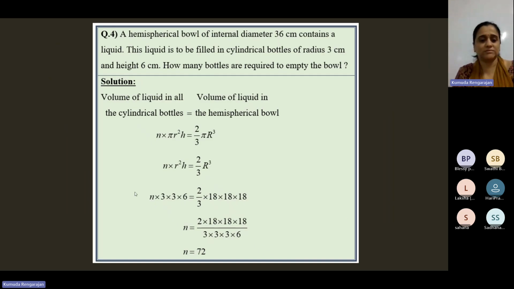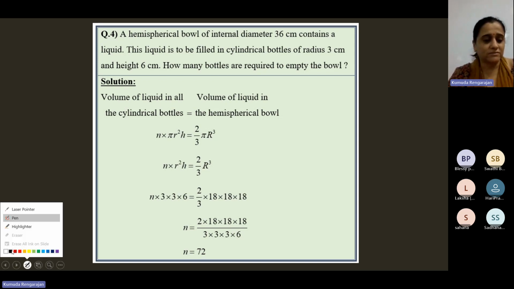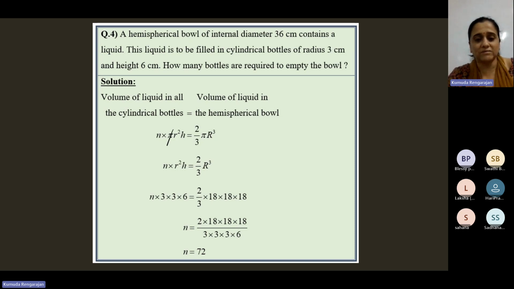So that's what you see here. See, in the next step, children, don't get confused. Pi gets cancelled. So I have written n into r square h is equal to 2/3 r cube.